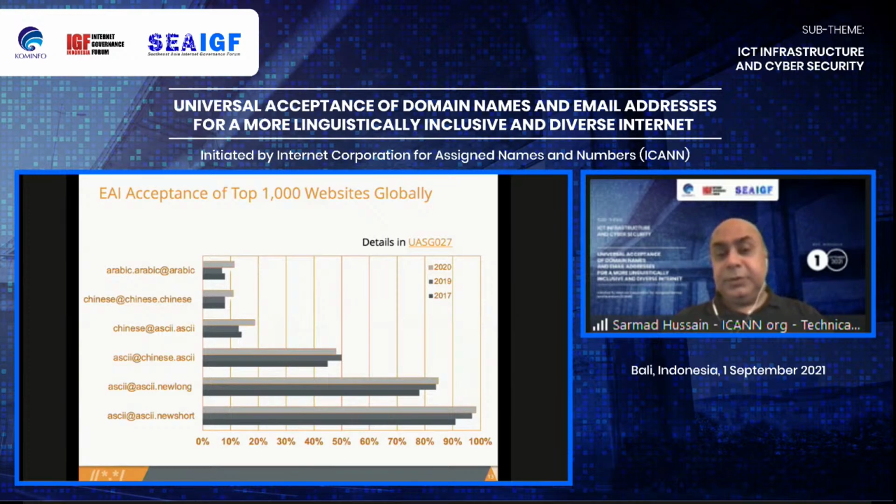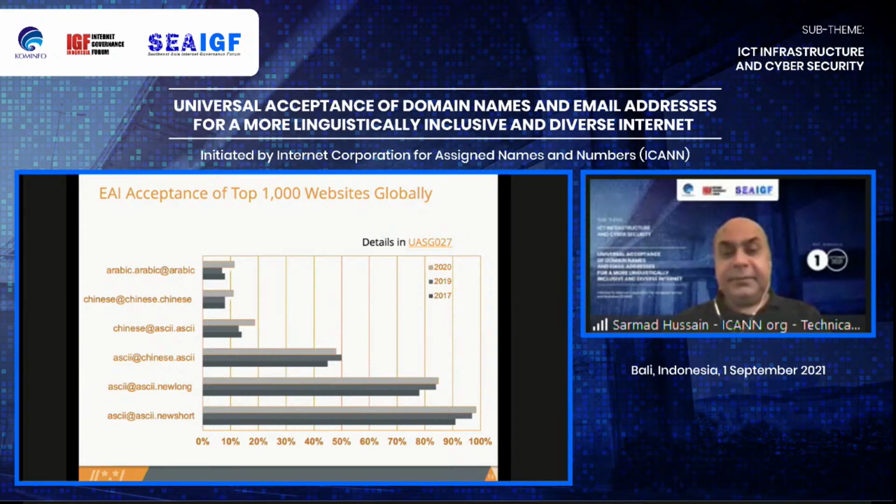So you may want to keep in mind that websites which have email addresses in ASCII or English, and in the legacy top level domains like .com or .net or the two-letter country codes, they are normally accepted almost 100% of the time.